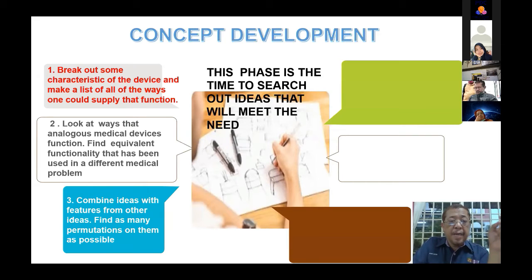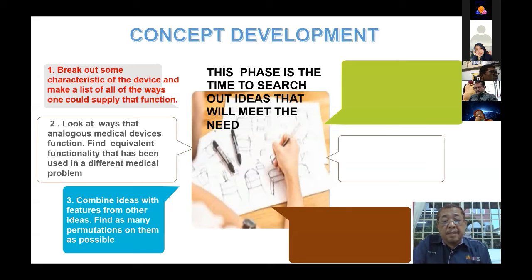Then, how the existing product works, that idea can be used for the new product. Thirdly, combine any other ideas that you have with the existing product ideas, so that you can come up with many more ideas.